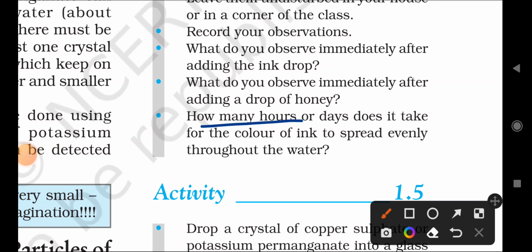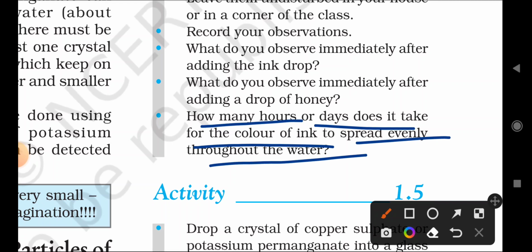How many hours or days does it take for the color of the ink to spread evenly throughout the water? This is the question.